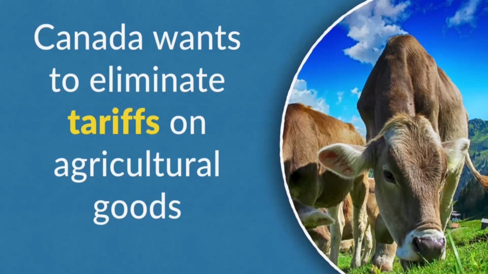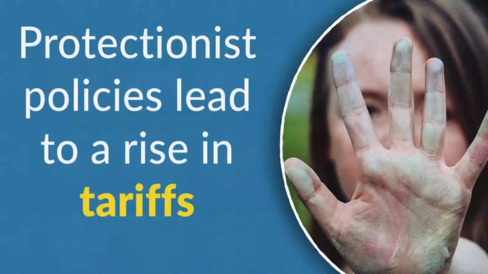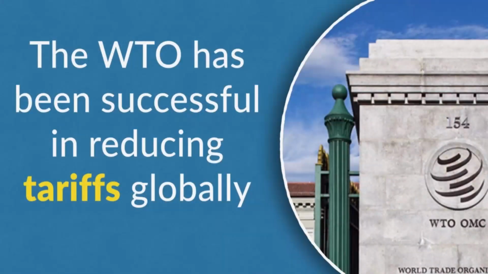So agricultural goods coming into Canada, Canada wants to remove those taxes on goods coming into Canada. Protectionist policies lead to a rise in tariffs. So if you increase tariffs, you're protecting your country from imports. The WTO has been successful in reducing tariffs globally.